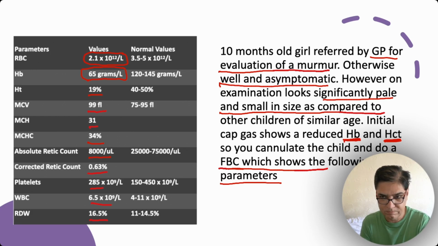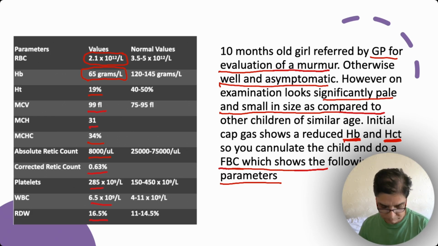So the Hb shows that it's not necessarily acute. This is a chronic, long-standing anemia. The child's not actively bleeding now, although the hematocrit is low. MCV is high. Interesting.